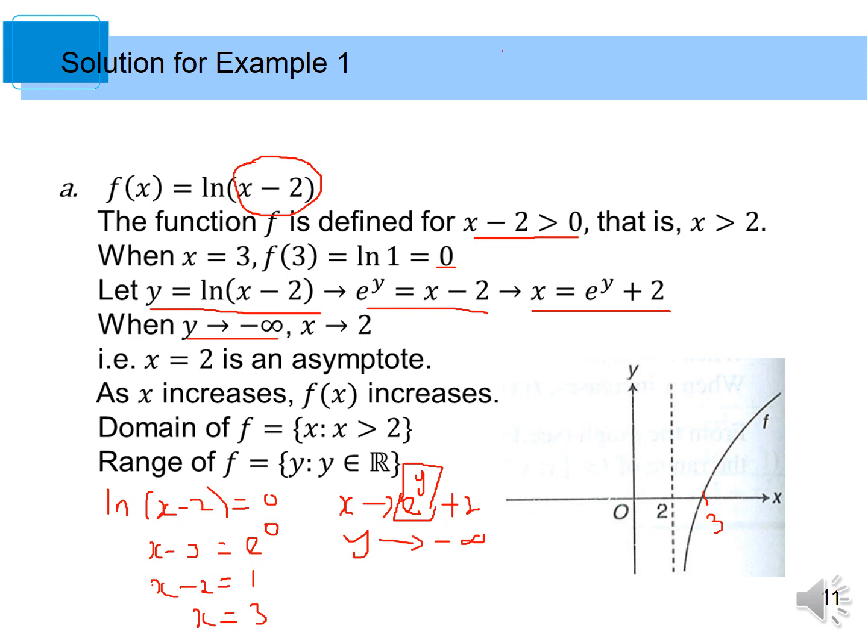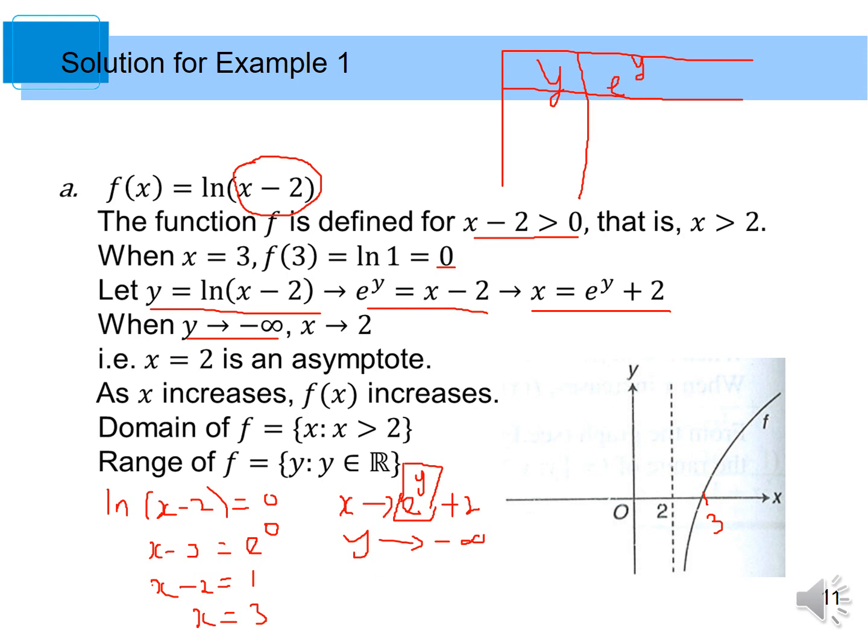I construct a table now. We have y, and we have exponent y. As y tends to negative infinity, the value is getting smaller and smaller.